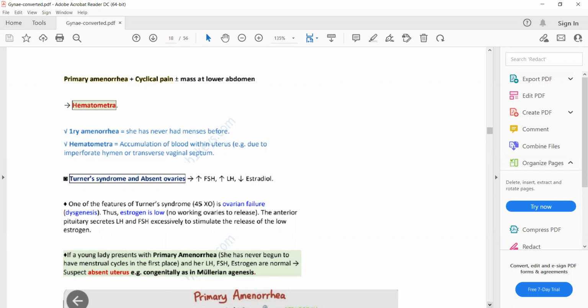So primary amenorrhea with cyclical pain, diagnosis will be hematometra. Primary amenorrhea with normal FSH, LH, and estrogen, diagnosis will be absent uterus, which will be confirmed by doing an ultrasound, which will show no uterus in the pelvic cavity.